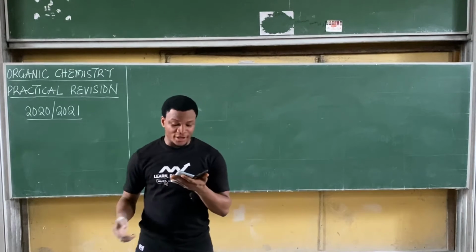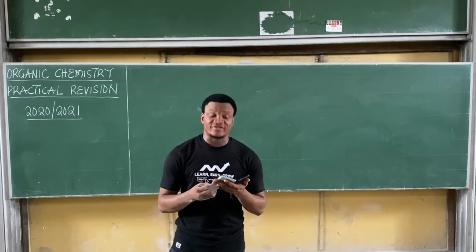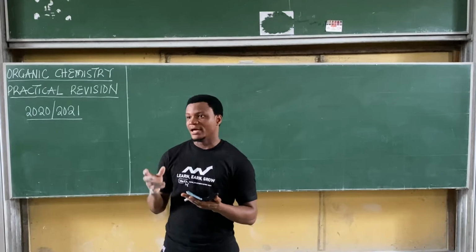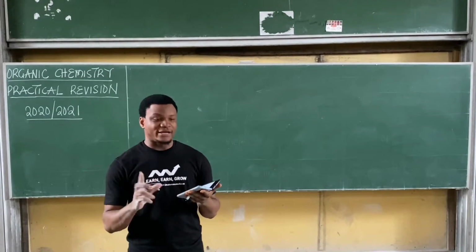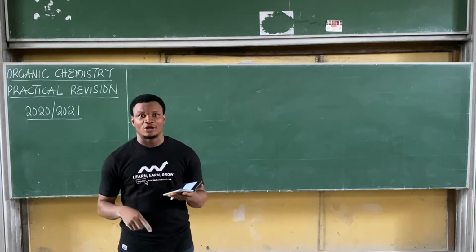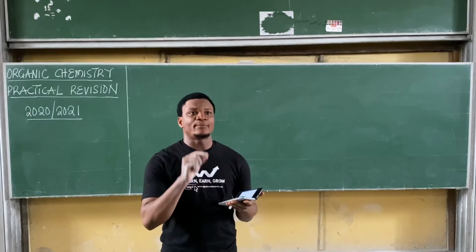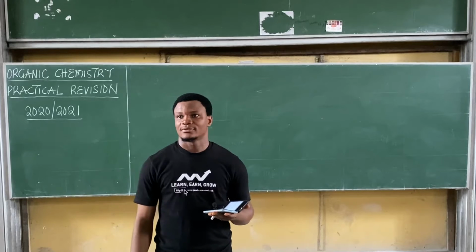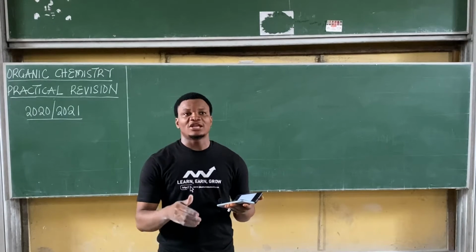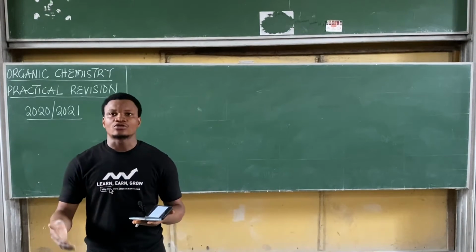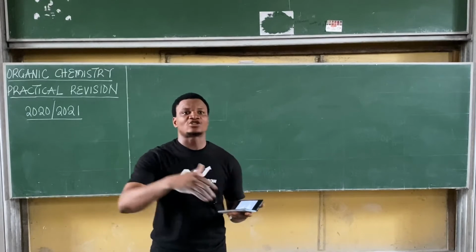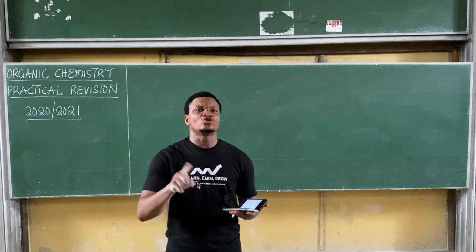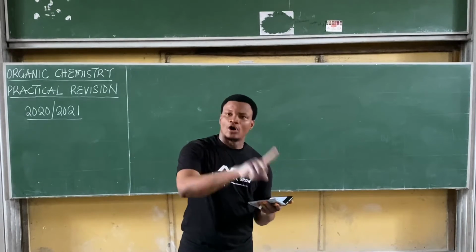An alternative would be tertiary alcohols do not readily undergo oxidation. So note that potassium permanganate usually acts as an oxidizing agent. So the answer will now be either you say tertiary alcohols do not react with potassium permanganate, or you say tertiary alcohols do not readily undergo oxidation.